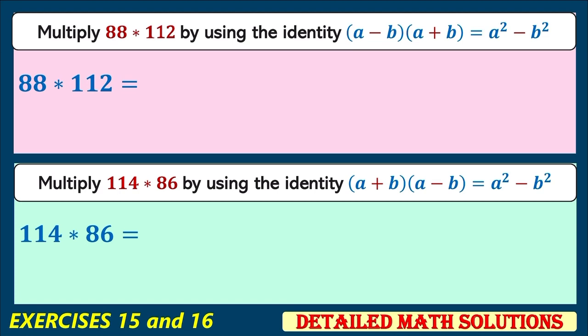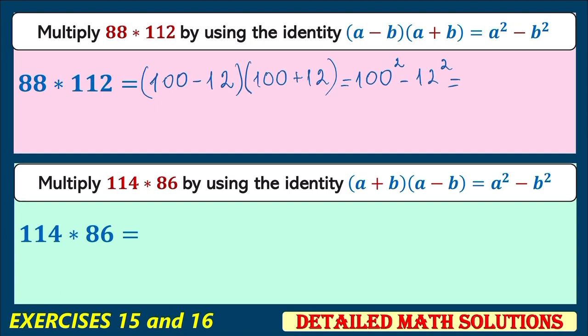Next exercise, multiply 88 by 112. Again, I'm going to use the identity, and when I do that, this equals (100 minus 12) and then (100 plus 12), which equals 100 squared minus 12 squared, or I get 10,000 minus 144.